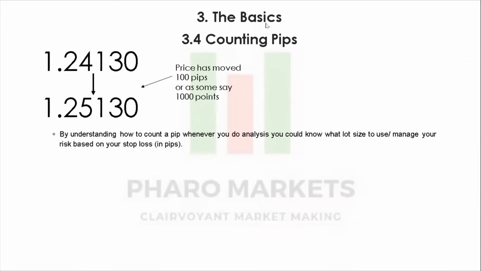Last example, say price is currently at 1.24130 and price moves to 1.25130. Technically in our everyday life, this is 1 cent, right? 100 pips, or some say 1,000 points.